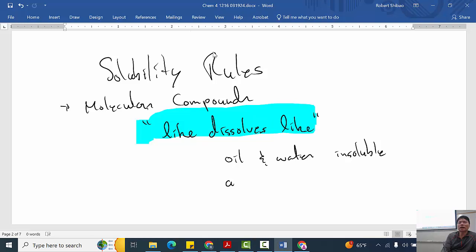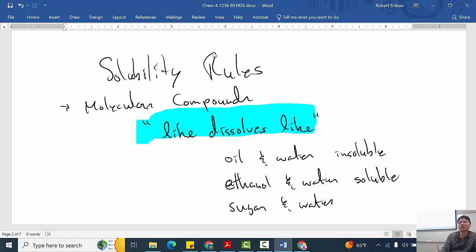Alcohol, like let's say ethanol, and water are soluble. Sugar and water. You think sugar and water aren't so similar, are they? They're totally different, aren't they?